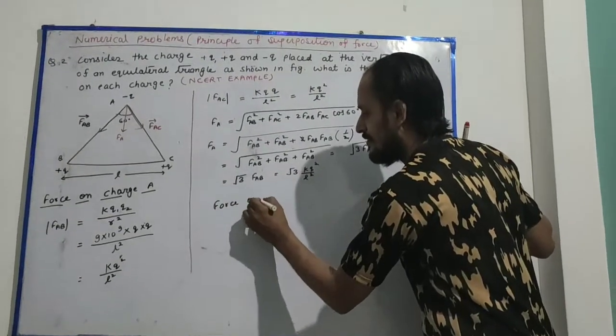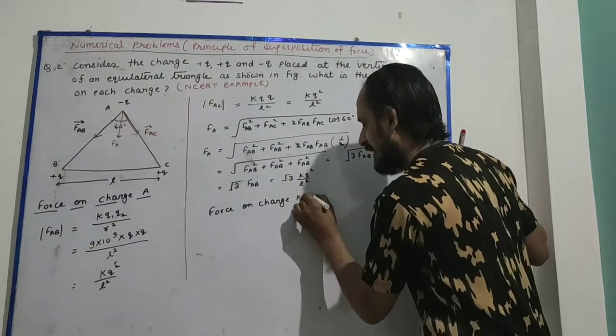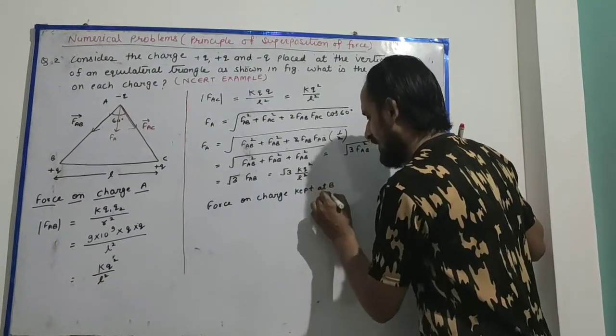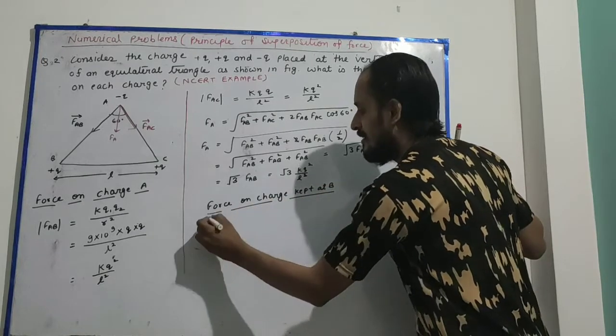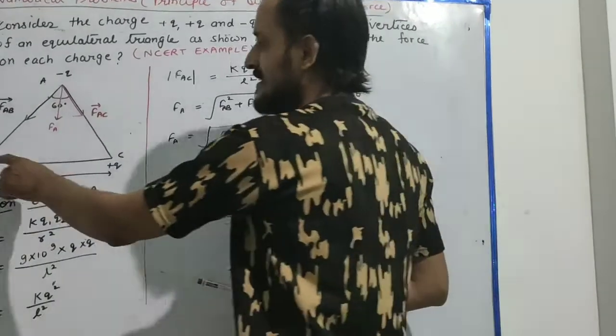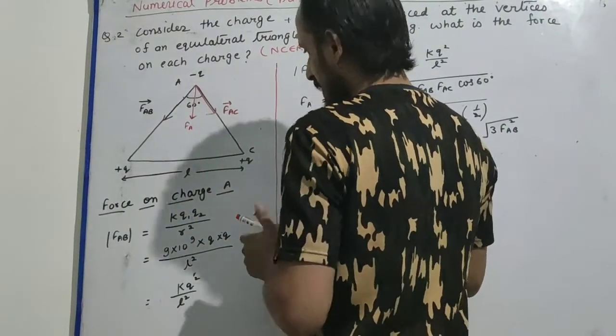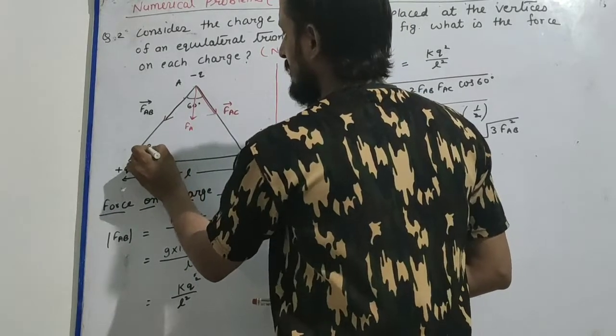Force on charge B. Here, first of all, we have to see how many forces are exerting on charge B. So again there are two forces.